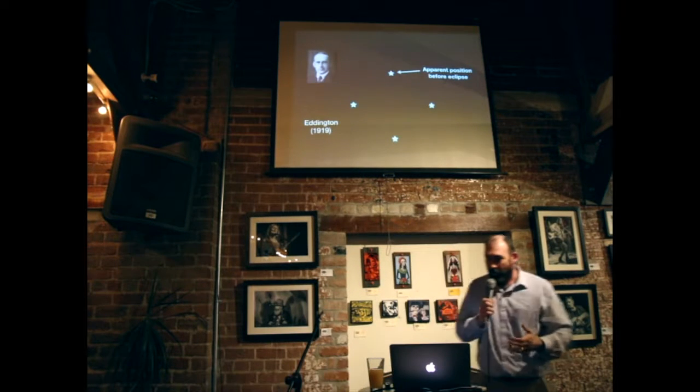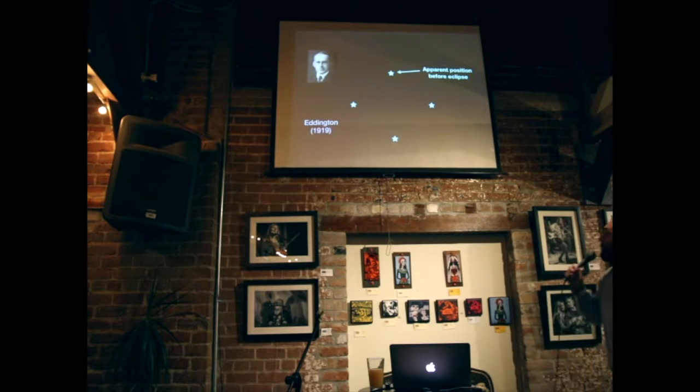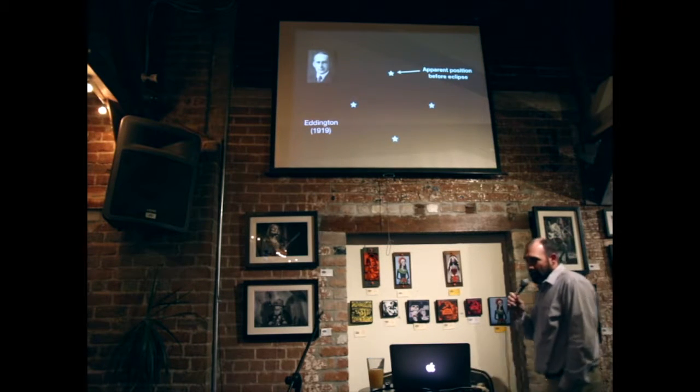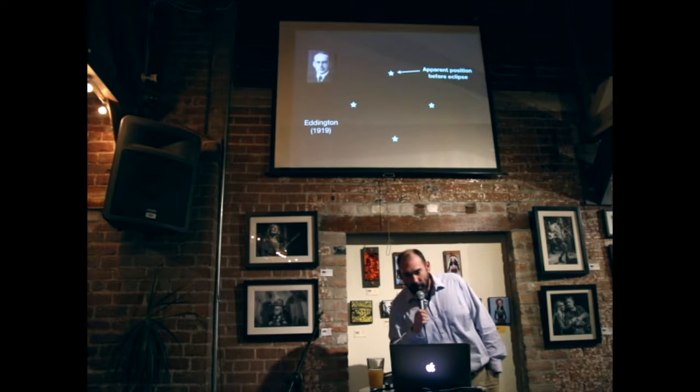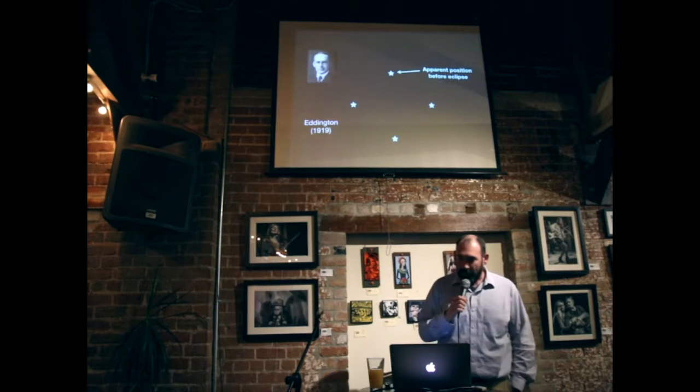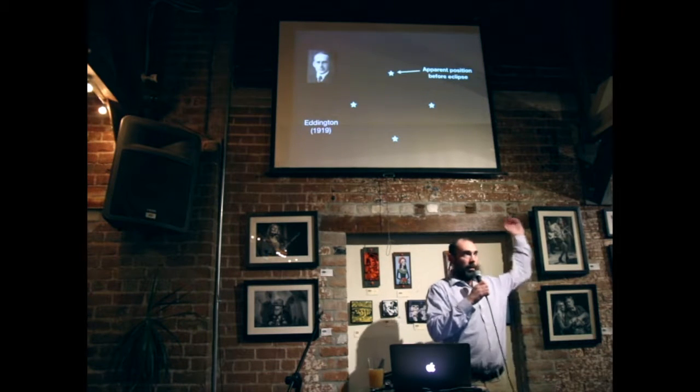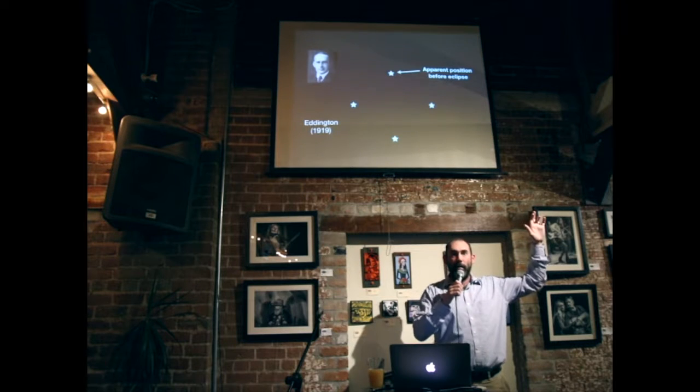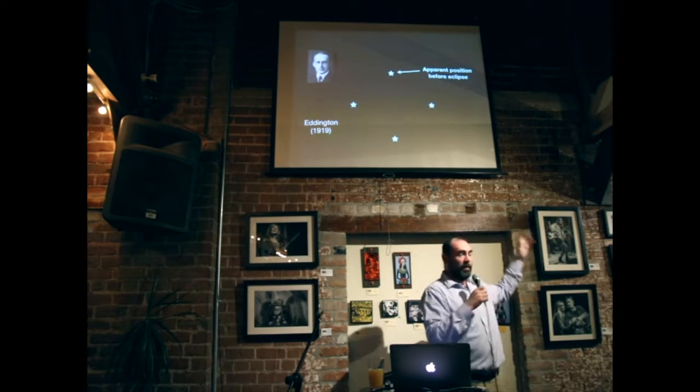But this was the first prediction and confirmation, and it was done by an expedition led by Arthur Eddington in 1919, to look at what happens to the position of stars around the sun during a solar eclipse. Did anybody go see the total solar eclipse that happened recently?